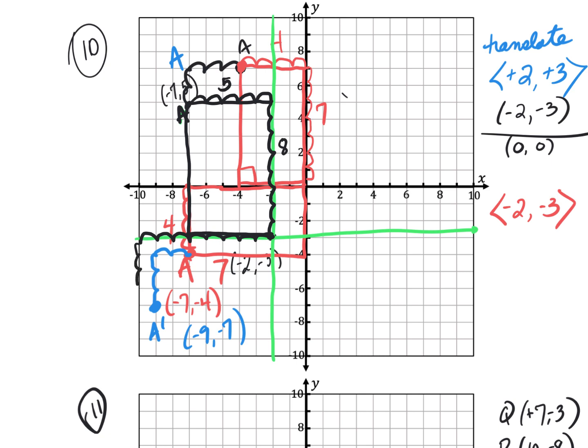And 1, 2, 3, 4, 5. Yeah, I'm off. If you guys notice, I'm off by 1. So I apologize for that. And if you can find my mistake, please let me know.